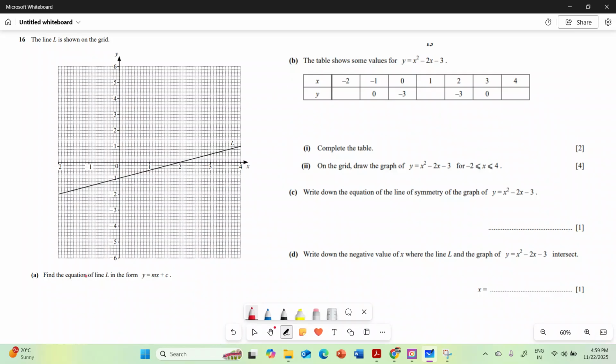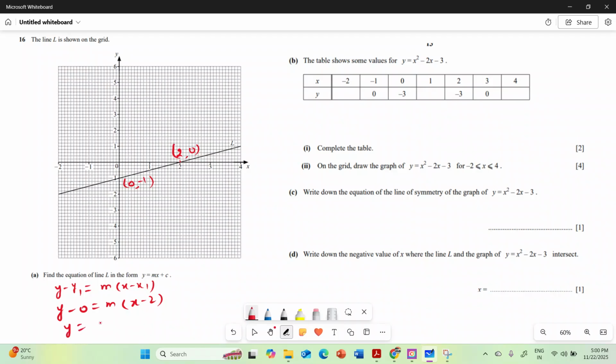Here find the equation. This is the graph. Here we have to find the equation of a line, y equals mx plus c. So this is the point 2 comma 0, and here this is 0 and negative 1. Equation of a line: y minus y1 equals m times x minus x1. You can take any one point. Here I can take 0 for y1 and x1 is 2.